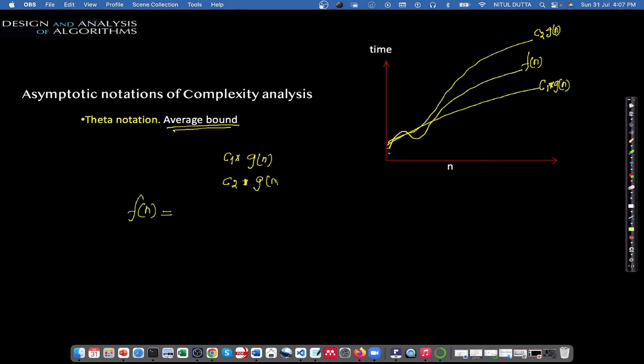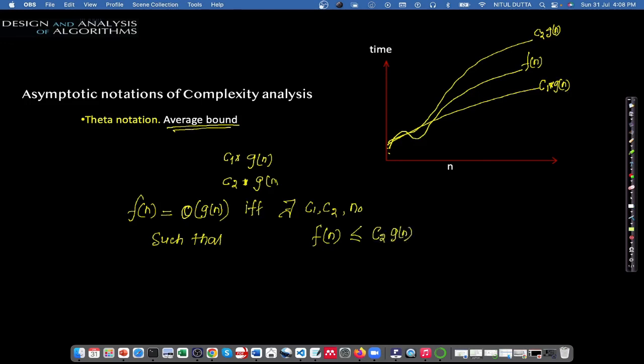So more formally, g(n) is said to be the average bound or average time bound for the algorithm, denoted by theta g(n), if there exist two constants c1 and c2 and also one more constant n naught such that f(n) is smaller than or equal to c2 of g(n) and greater than or equal to c1 of g(n).